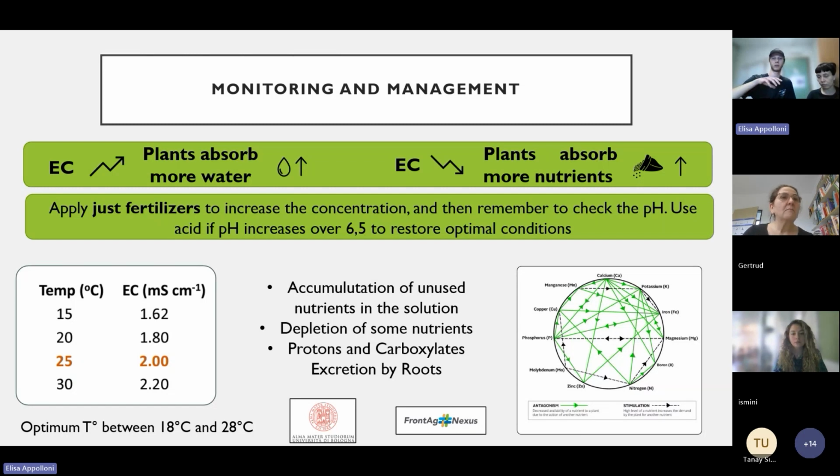And if we have too much phosphorus, we can also have deficiencies of those nutrients, not because they're not present or because the pH is not the right one, but because we have too much phosphorus, which accumulated inside the nutrient solution, and it can also react with calcium and precipitate, creating salts that will not make the nutrients available.